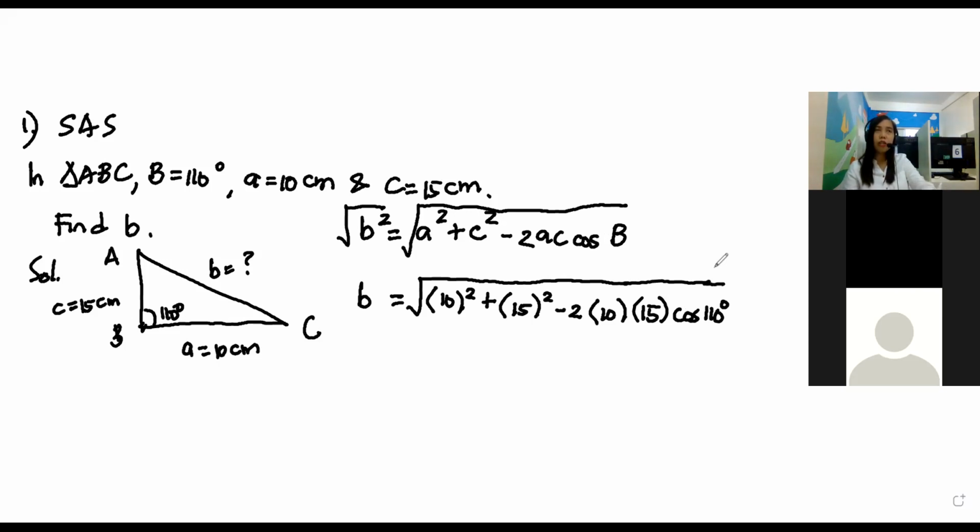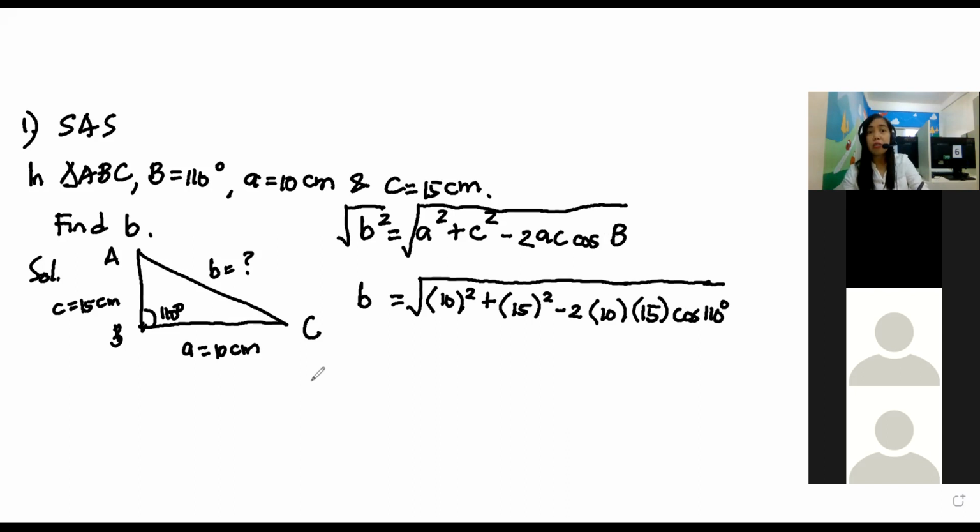What is the reference angle of 110 degrees? 110 degrees, class, is in the second quadrant. So 180 minus 110 is 70. So this is not a special angle, so its value is not exact.